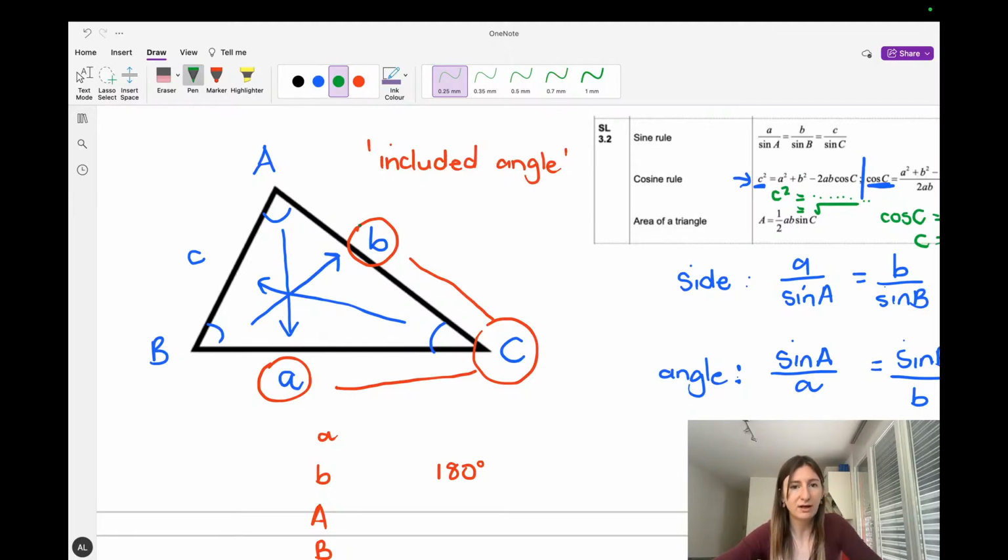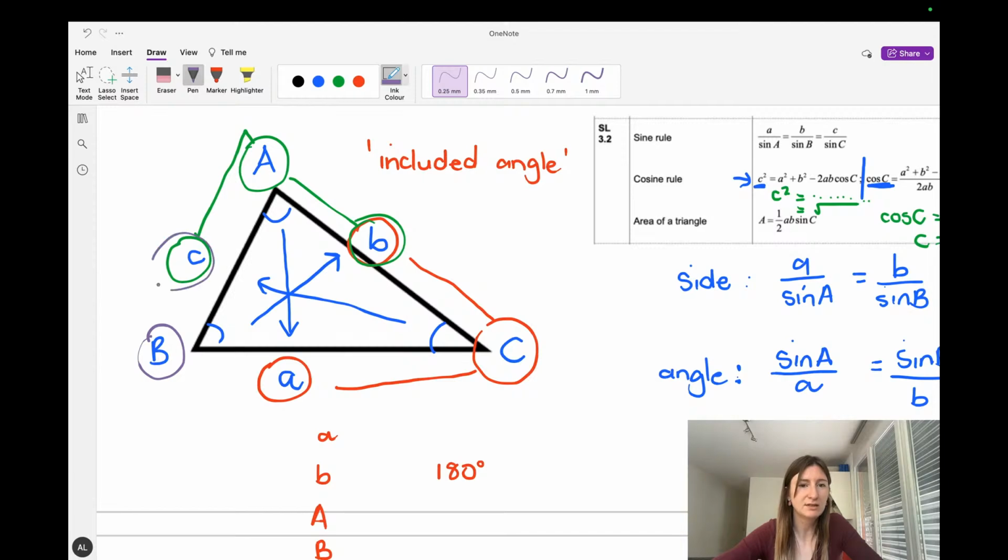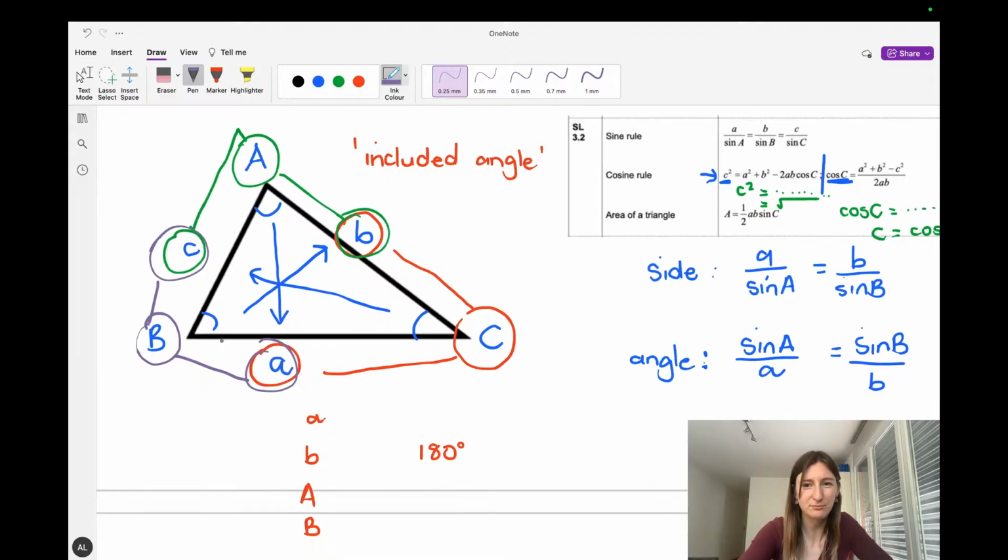Or we could have b and c, then A becomes the included angle. Or, I need another color, let's not get confused. This is purple. Yeah, we need c and a, that's the included angle. So that drawing looks a little bit crazy now, but hopefully that makes sense.